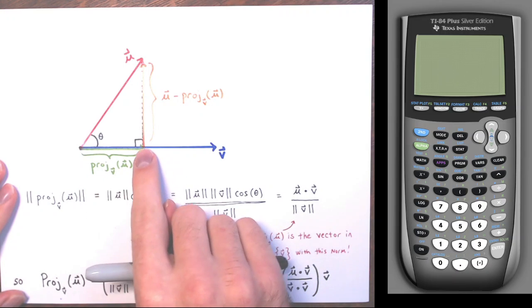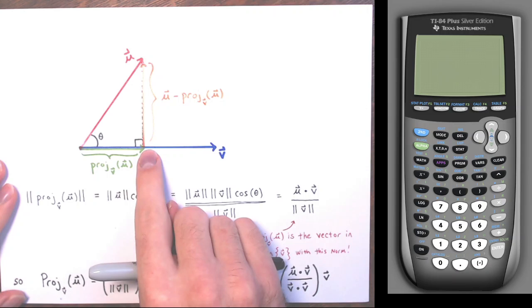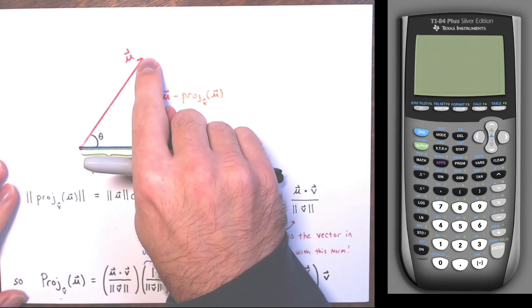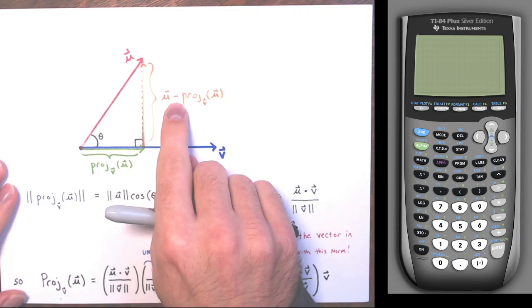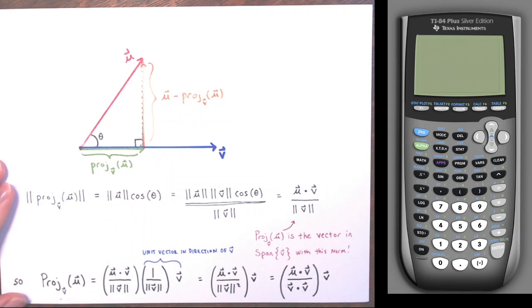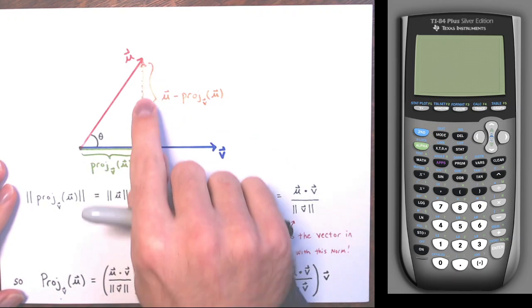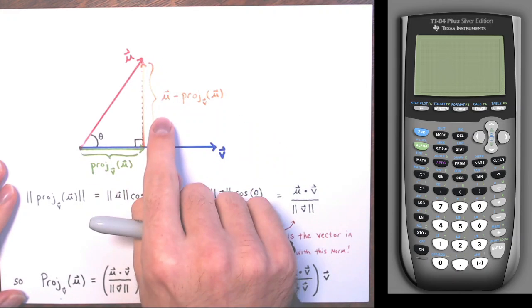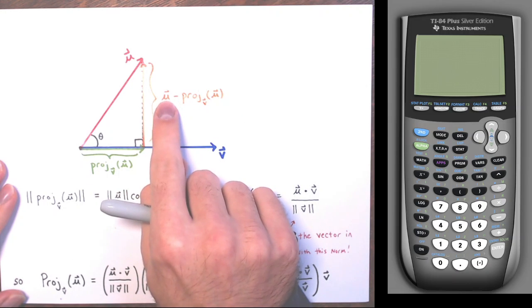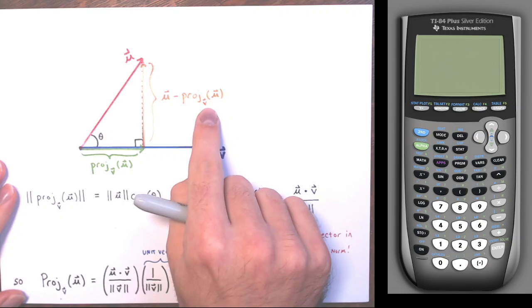So then this vector is the projection of u onto v. And then if I went from the end of the projection up to the end of u, that vector would simply be u minus the projection vector, which I've drawn here, going up from the end of the projection to the end of u. So that's the vector u minus the projection of u onto v.